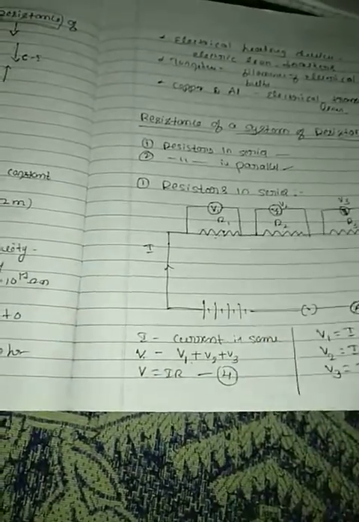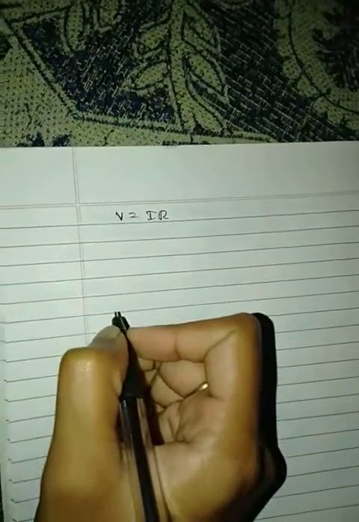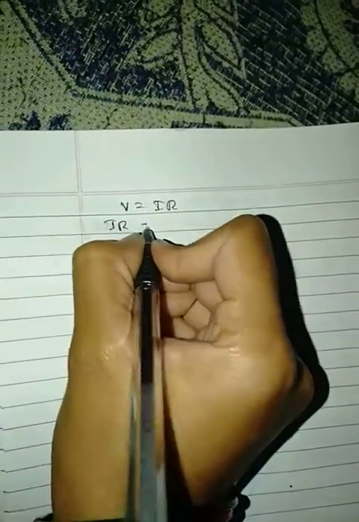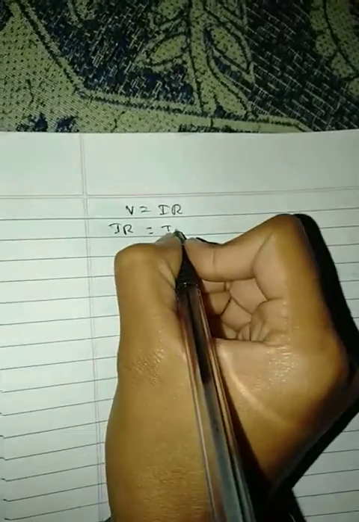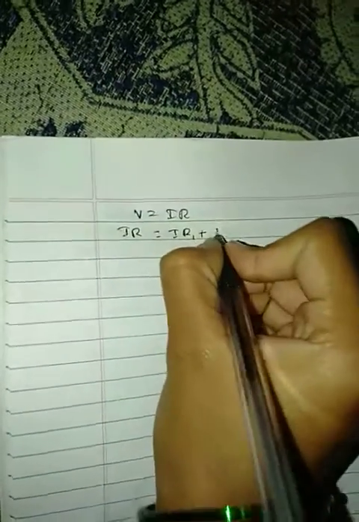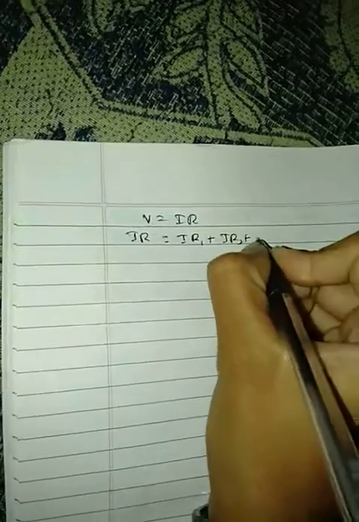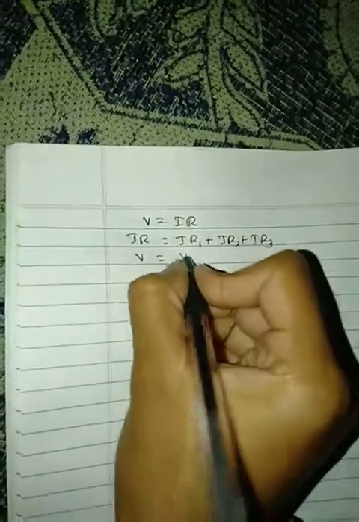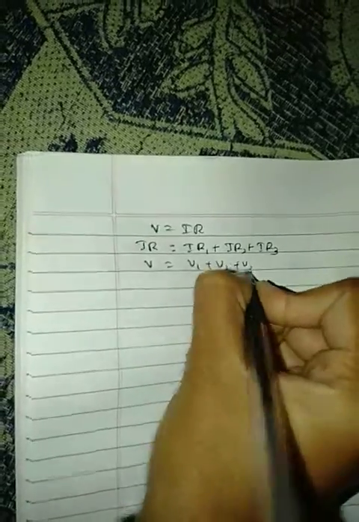So, see here, V is equal to I into R. Here we are applying it separately. So this is I into R1 plus I into R2 plus I into R3. See the equation, V is equal to V1 plus V2 plus V3.